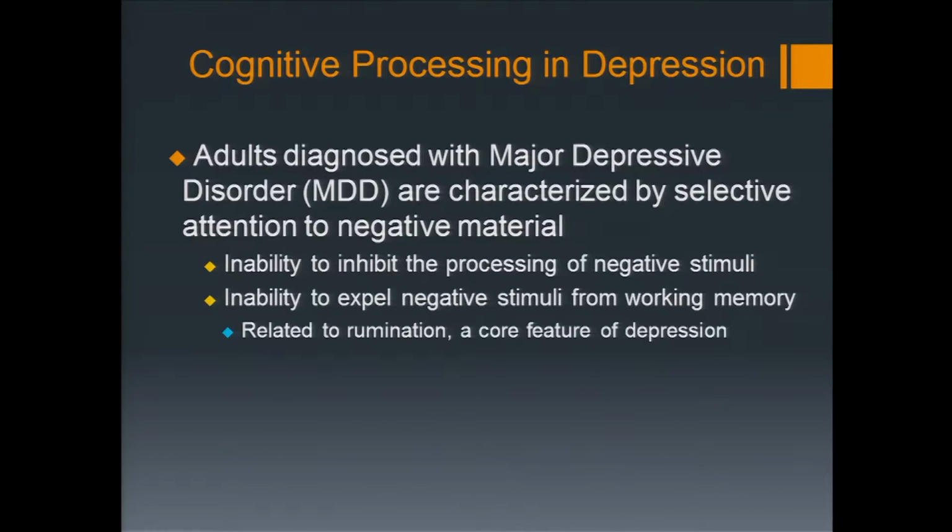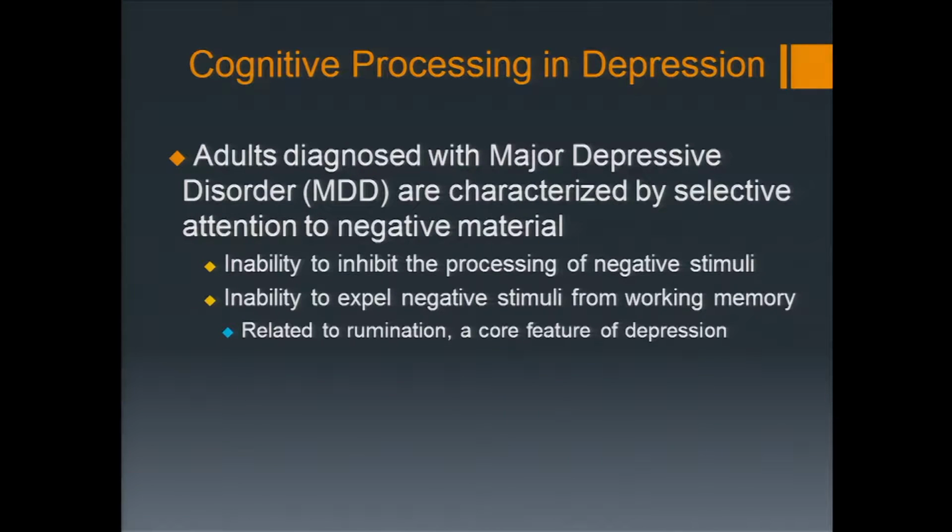We've been interested in understanding cognitive biases, or the way that people process their world. One of the most reliable findings in the world of adult depression is that adults who are diagnosed with major depressive disorders essentially attend to negative aspects of their environment.